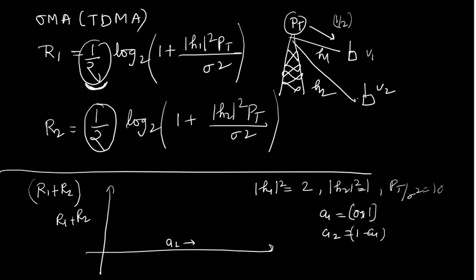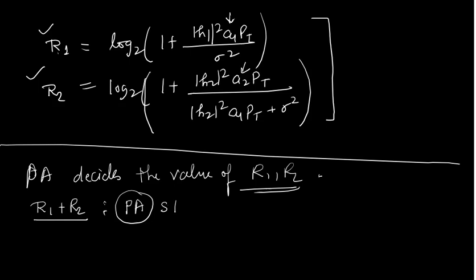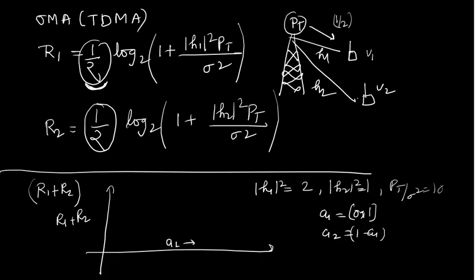So just put various values of A1 and A2 as 1 minus A1 and run this. You will see the R1 plus R2 curve, maybe of this type. Then do it for TDMA and compare.